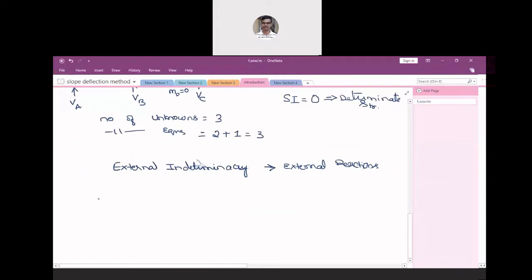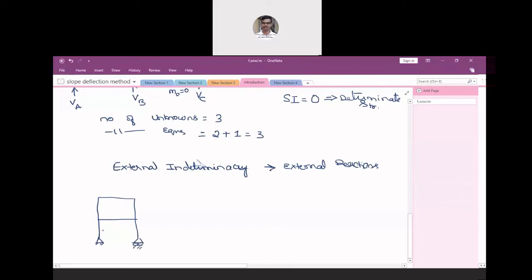Now we are very much familiar with portal frames, which we usually analyze. That is an assembly of beams and columns. Now I will take a 2-story portal frame, which is a rigid jointed frame.